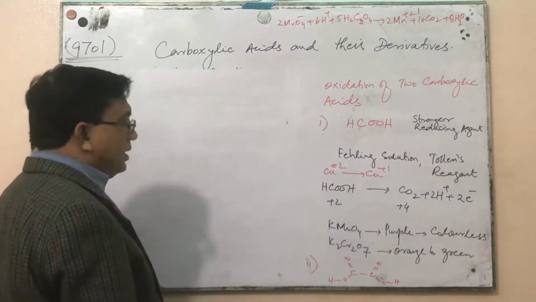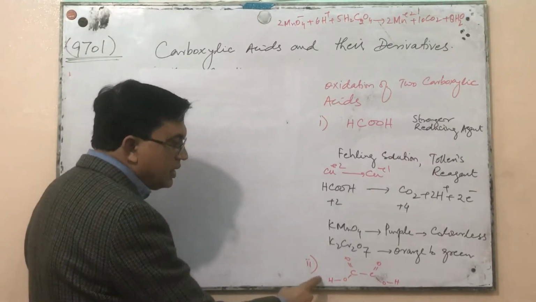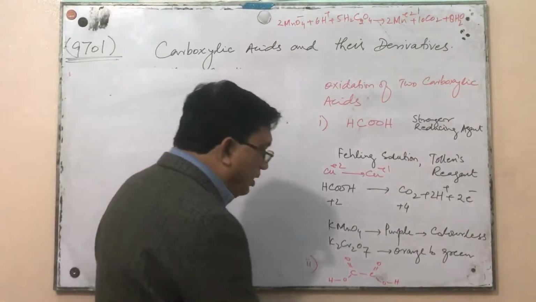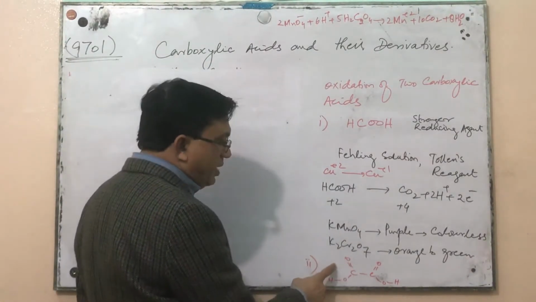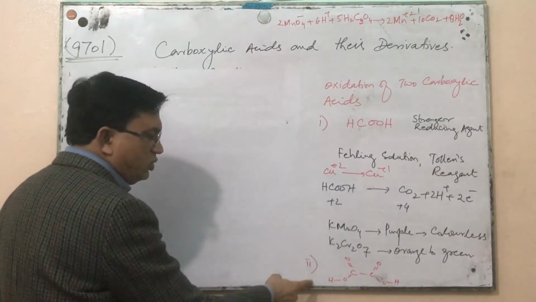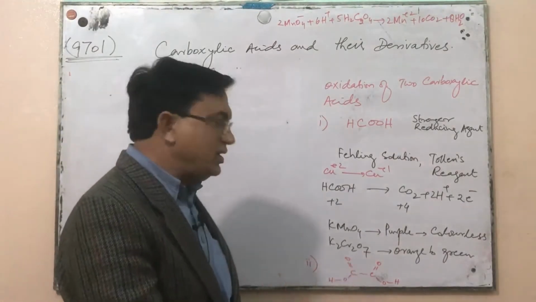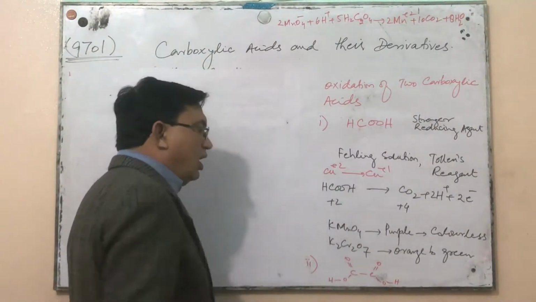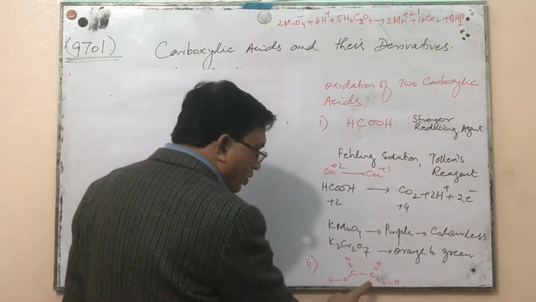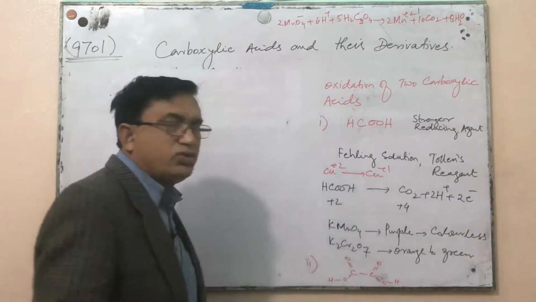Second is ethanedioic acid. This carboxylic acid is used in redox titration to standardize KMnO4 solution. We take this ethanedioic acid into a conical flask, add half a test tube of sulfuric acid, warm slightly, and then add KMnO4 solution.